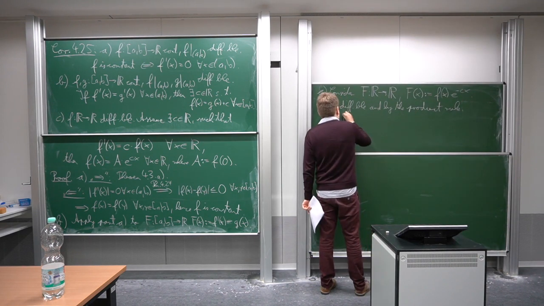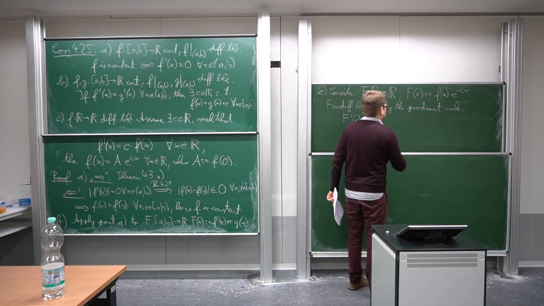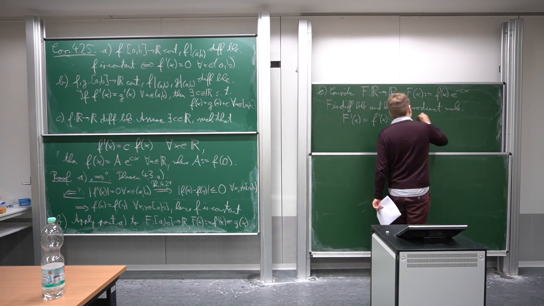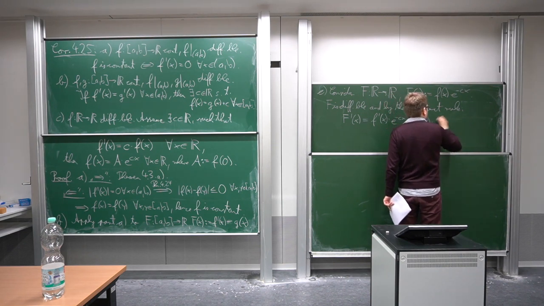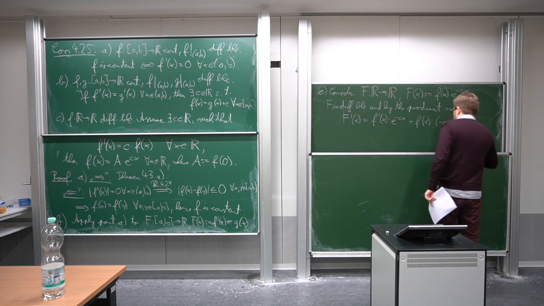So capital F prime of x is equal to f prime of x times the second factor e to the minus cx plus f of x times the derivative of the second factor, and this one we've computed, this is minus c e to the minus cx.